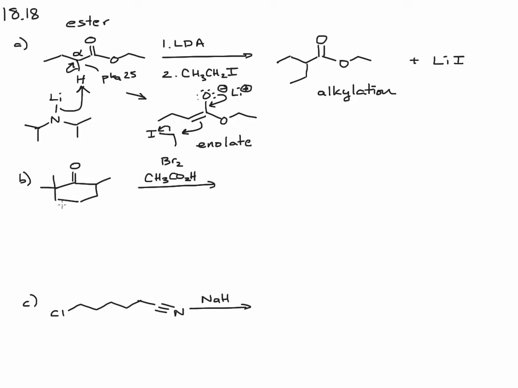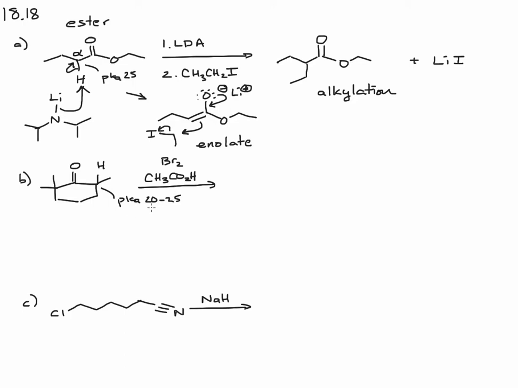In part B, we're starting with, in this case, a ketone. I haven't drawn in the alpha hydrogen in this case. I'll draw it in now. So ketones have a pKa of approximately 20 to 25.